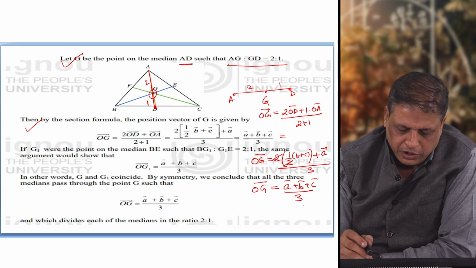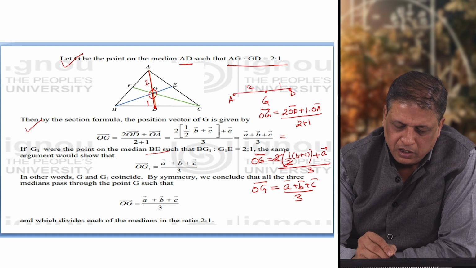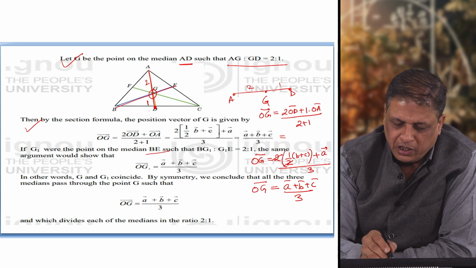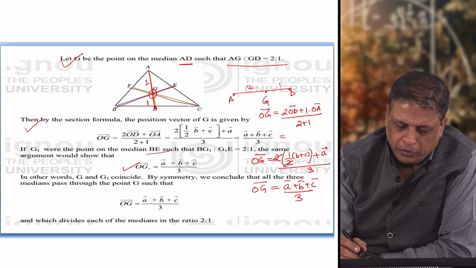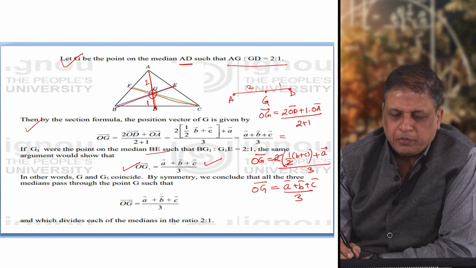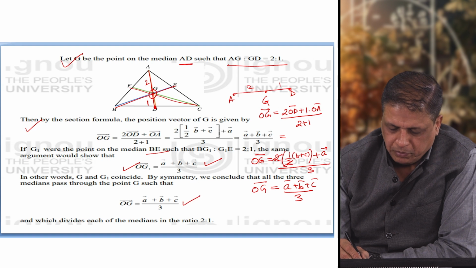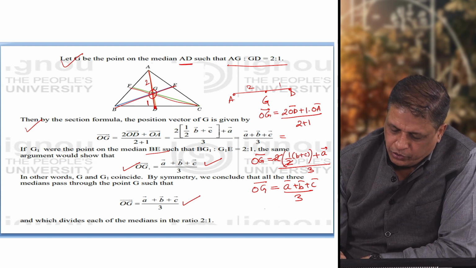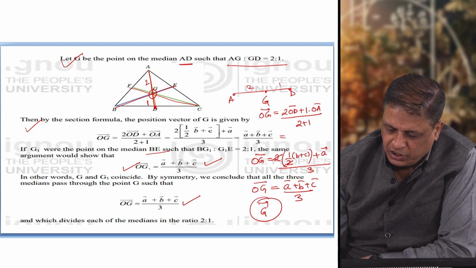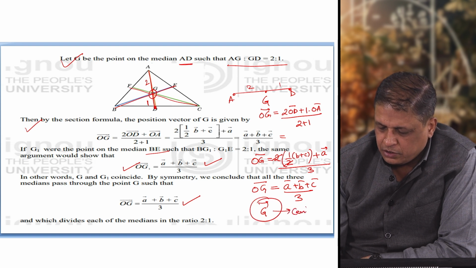Similarly, for the other medians BE and CF also, you will find that OG turns out to be (A plus B plus C) by 3. That means all the 3 medians intersect at point G, which is nothing but the centroid of the triangle.